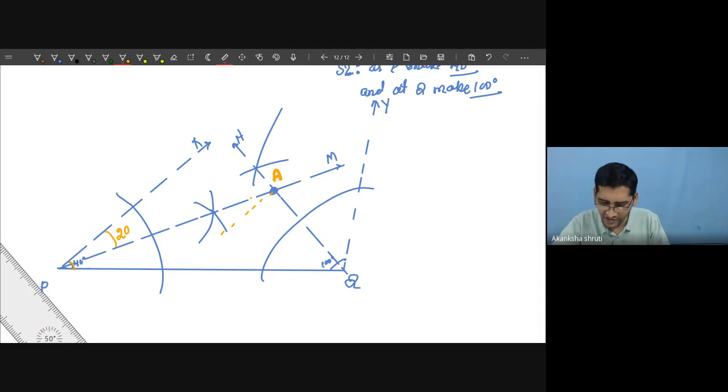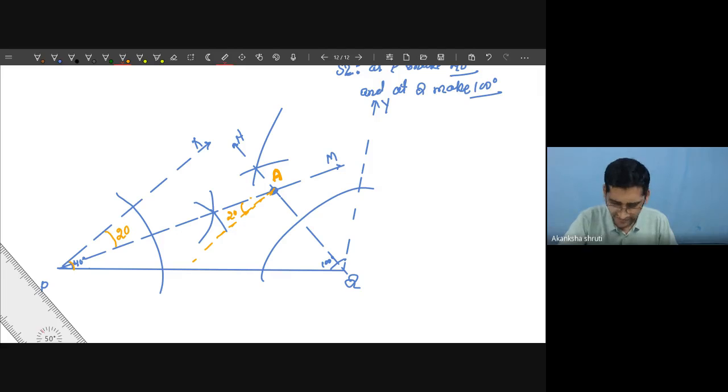Like this we have to draw, so that this should be 20 degree. How to draw? Again by the drawing equal angle concept that we have learned. Either you can draw with the help of compass, carrying the same arc, means drawing equal angle that we have learned last day.